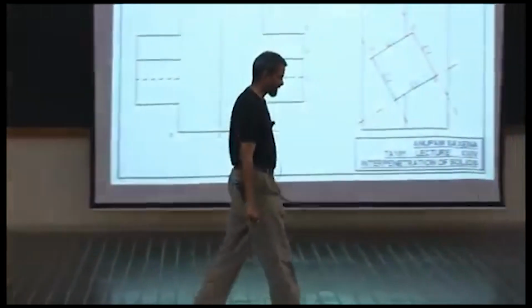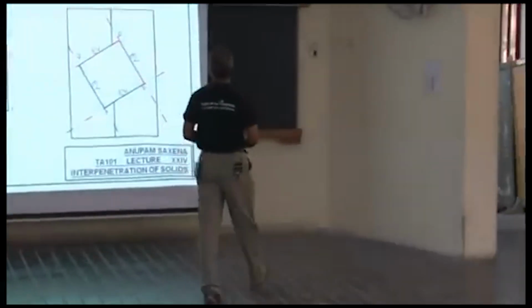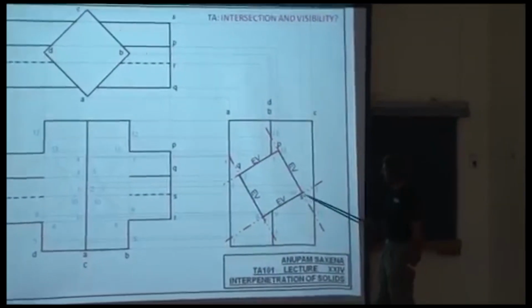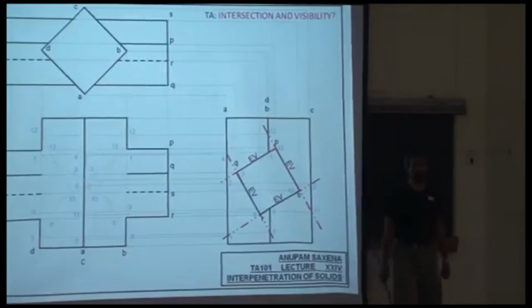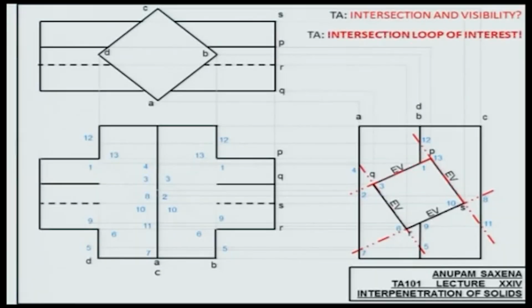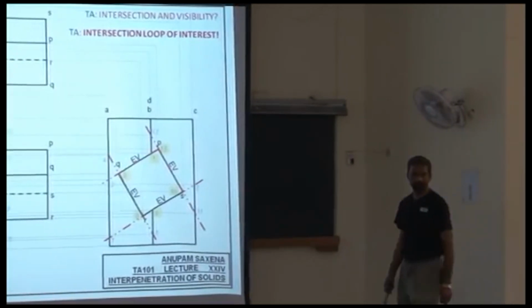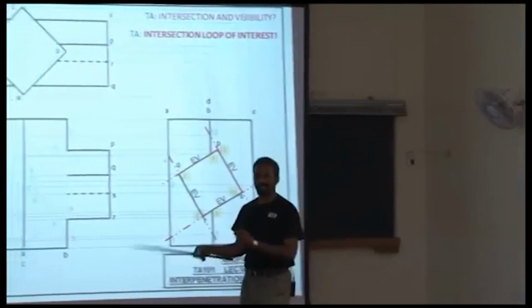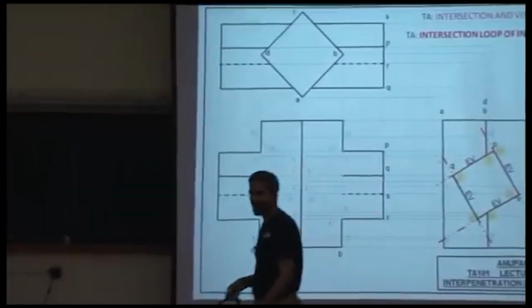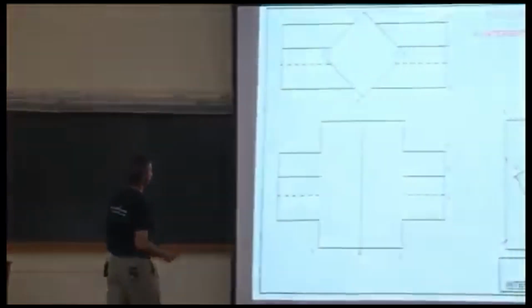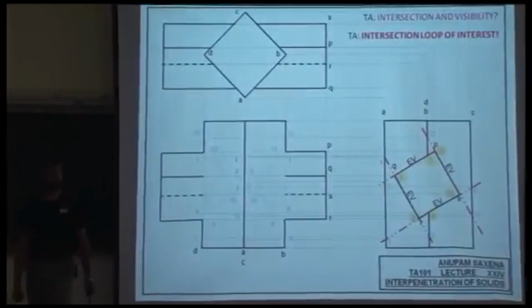All those points which lie on the horizontal prism, for example 1, 3, 6, 9, 10 and 13, will be real intersection points. Number 1, 3, 6, 9, 10 and 13. Once you identify the loop, the connectivity, you can connect the dots in the front view.